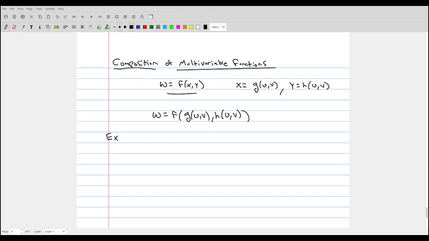So for example, let's just take a specific example. Let's say f of x y is the function x squared minus y squared, and then maybe x is equal to u times v, and y is equal to e to the u plus v, just to make it a little bit different.